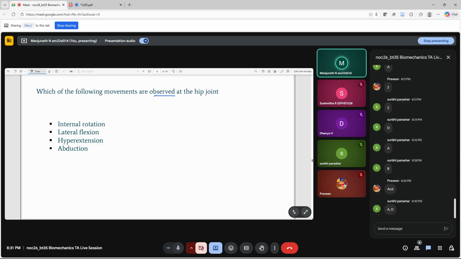Actually, we have already discussed almost all the movements in hip joint. If you recollect, it will be easy for you to eliminate.